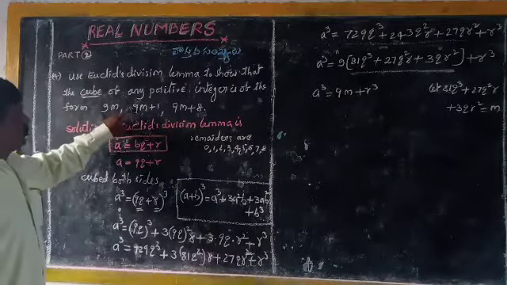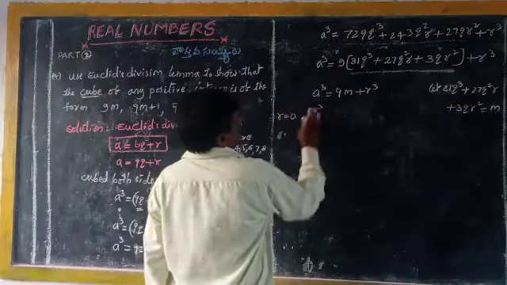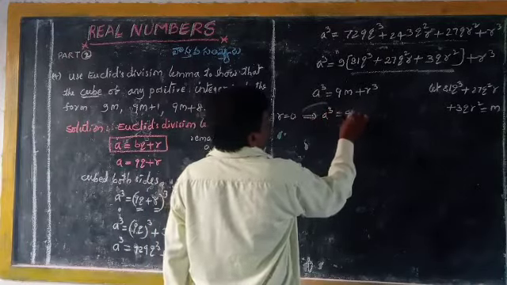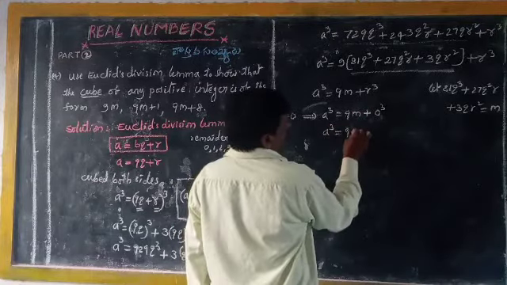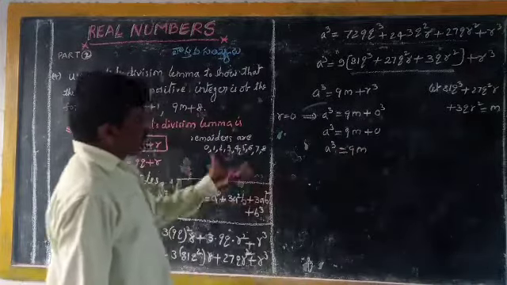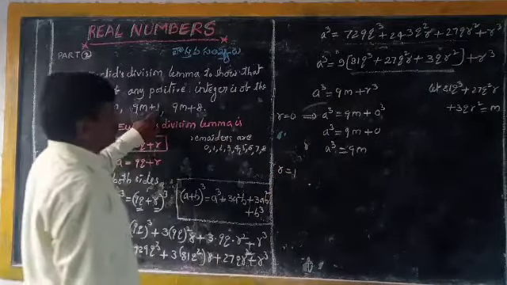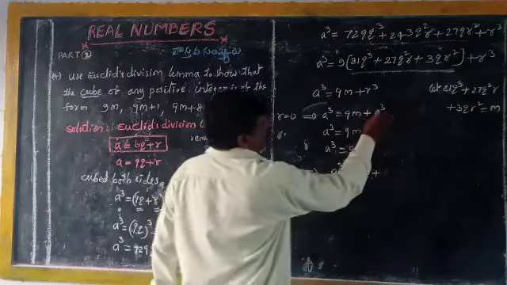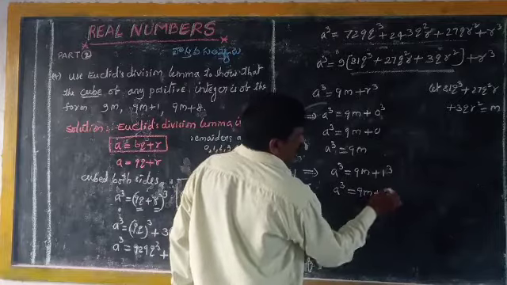If r = 0, then a³ = 9m + 0³, so a³ = 9m. If r = 1, then a³ = 9m + 1³, so a³ = 9m + 1.